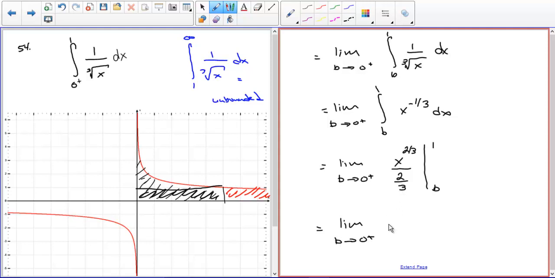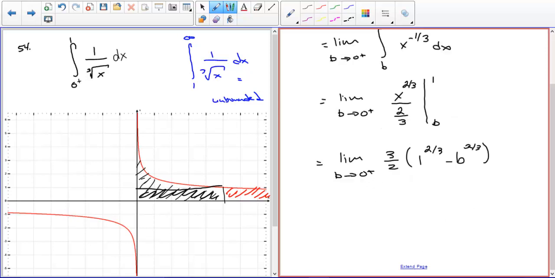So this 2/3 will become 3/2, so we'll get 3/2 times 1 to the 2/3 minus b to the 2/3. And then we take the limit as b goes to 0.